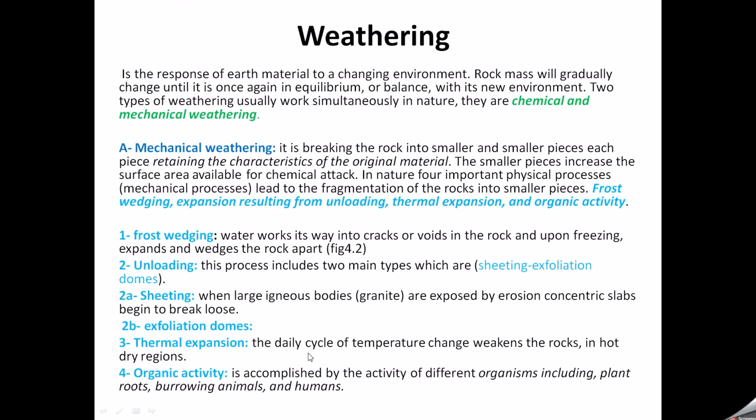Then the thermal expansion: due to the daily cycle of temperature change, the rocks will be weakened in hot, dry regions, especially in the desert, because the temperature is too high during the day, and then freezing cold during the night, and that causes expansion and contraction of the rocks and grains, and that will lead to the fragmentation of the rocks.